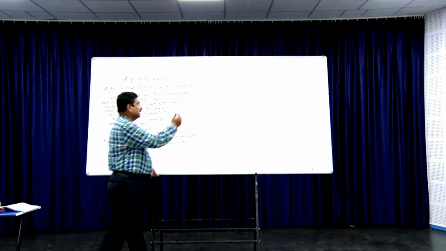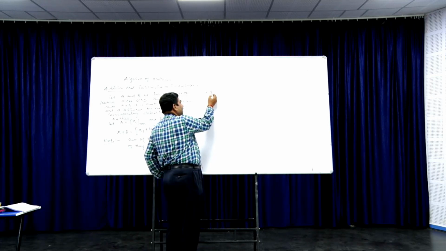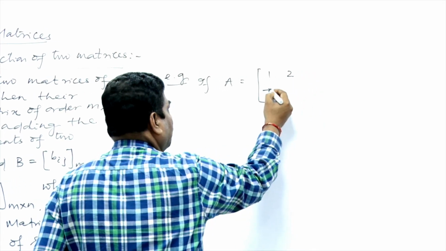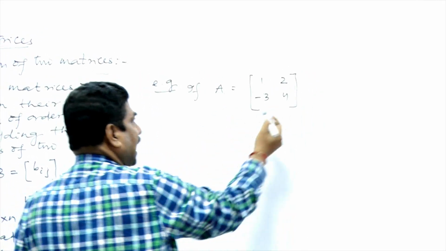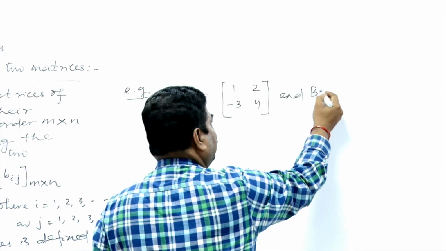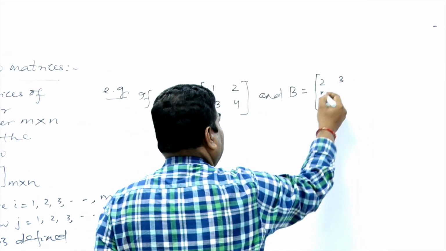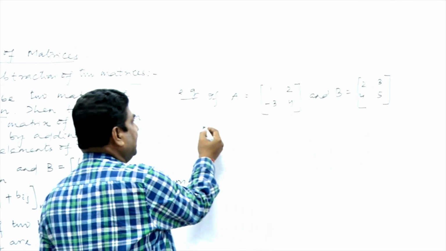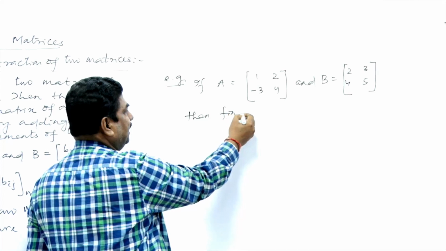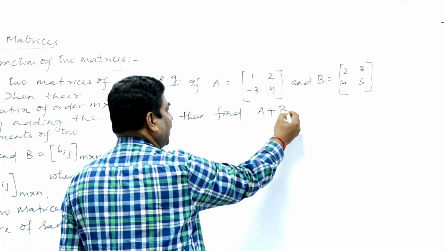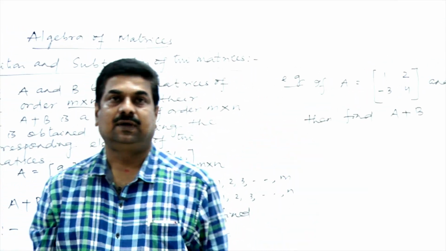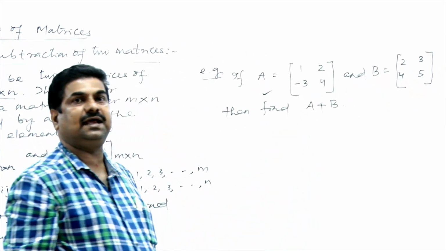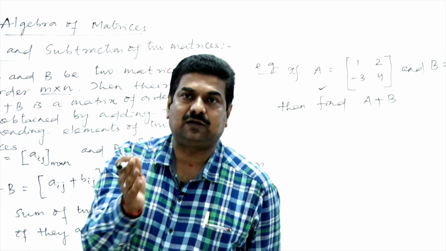Given example: suppose A is equal to [1 2; -3 4] and B is equal to [2 3; 4 5]. Here we have to find A plus B. Given condition is, A is a matrix of order 2 by 2.